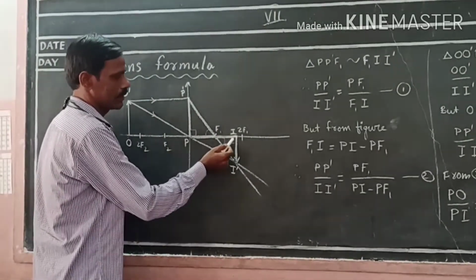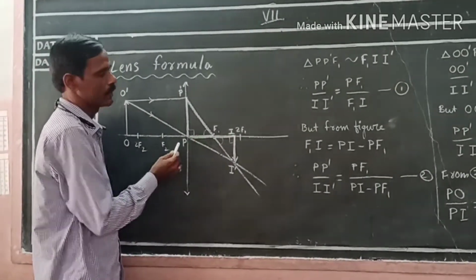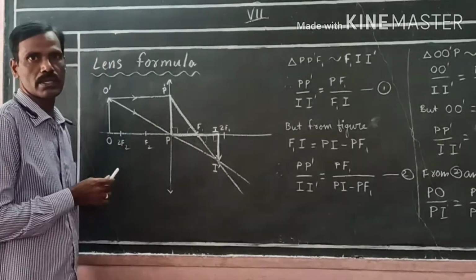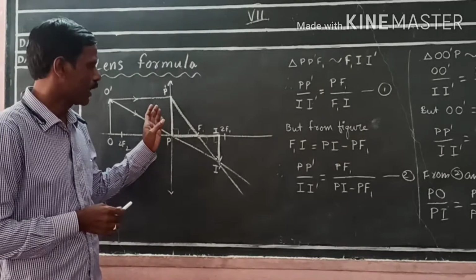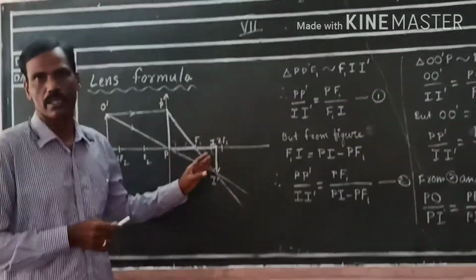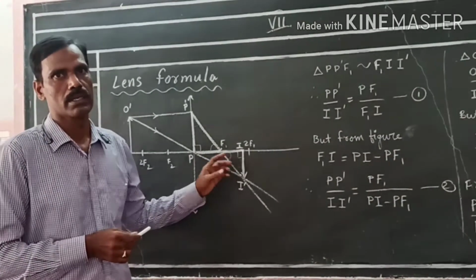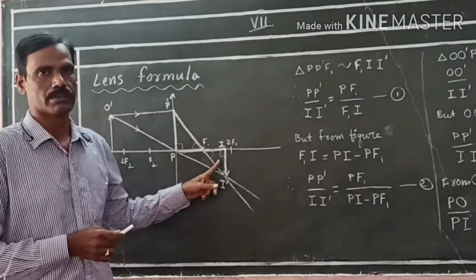If two of the angles are equal in both triangles, the third angles are also equal. As all the angles are equal, these two triangles are similar.